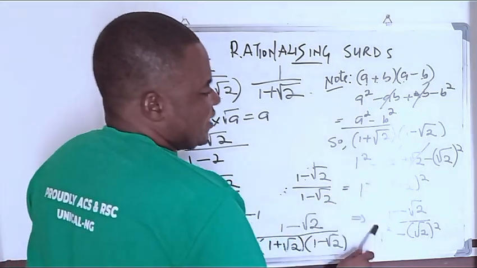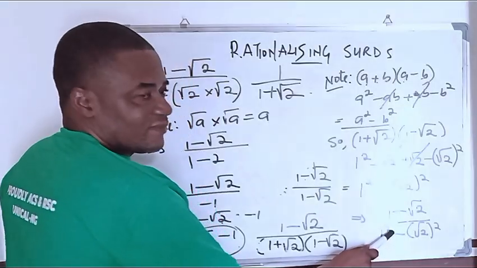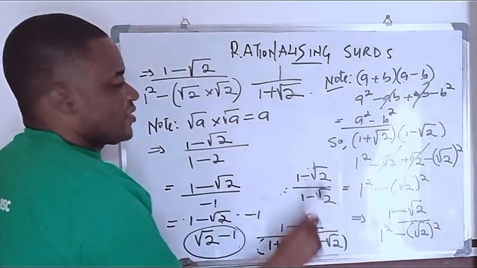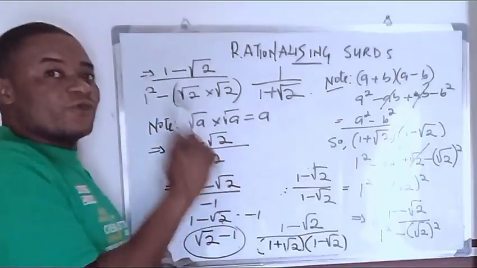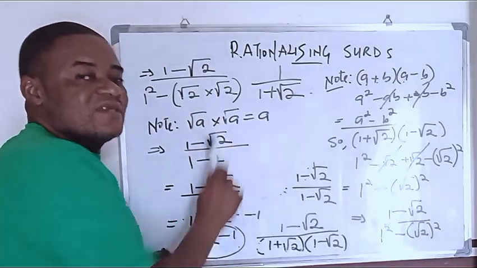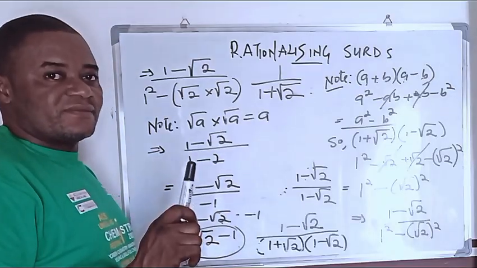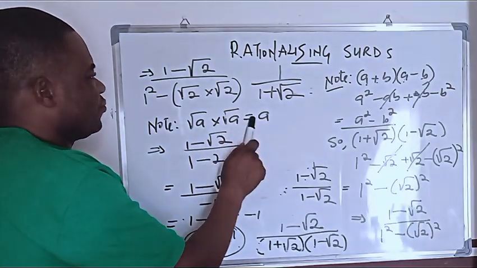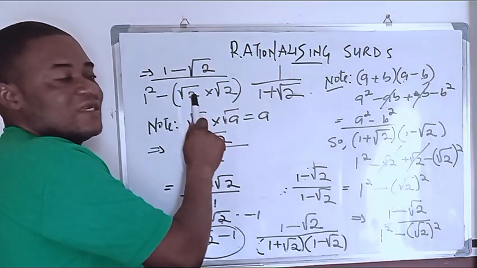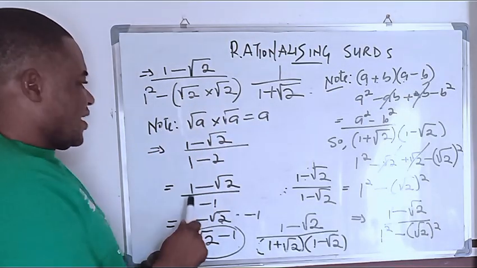And that brought us to this point. Because there is a rule for surd, which says the product rule, that the product of the same surd is what? An integer. And if that is true, we now have to deal with the product of the same surd, an integer, which is 2. And that brought us here.